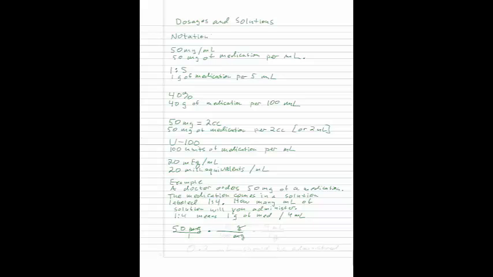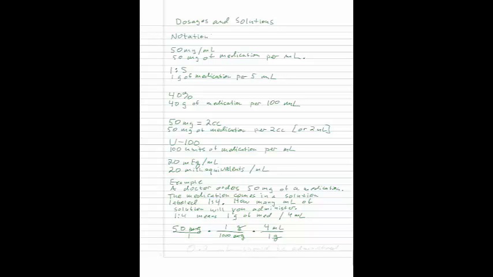Grams on top, milligrams on the bottom. And we know 1,000 milligrams is 1 gram. And then we see what our conversion is for grams to milliliters. We see 1 gram of medication is 4 milliliters. So we're going to write the 1 gram on the bottom of the fraction and the 4 milliliters on the top.